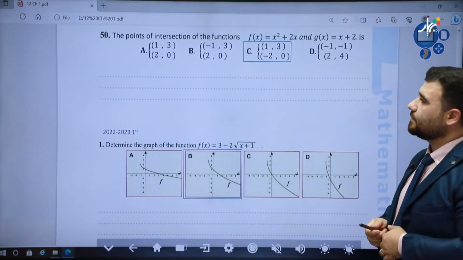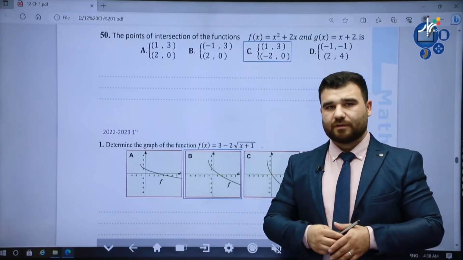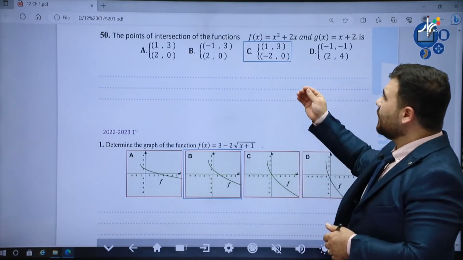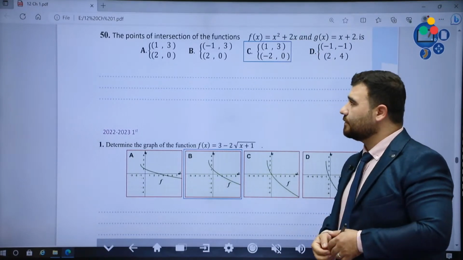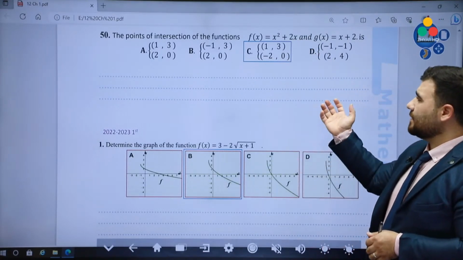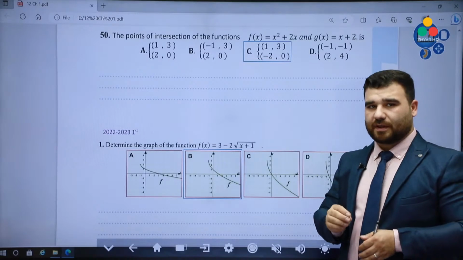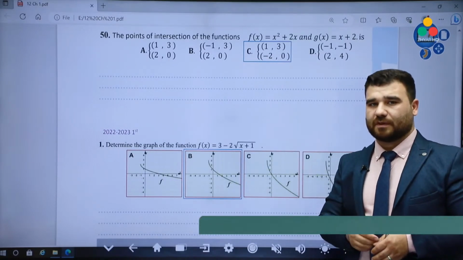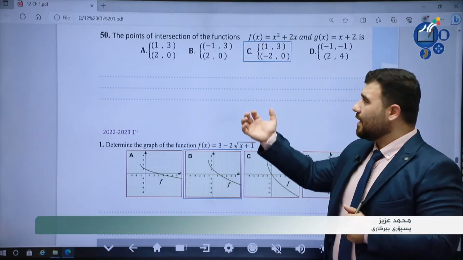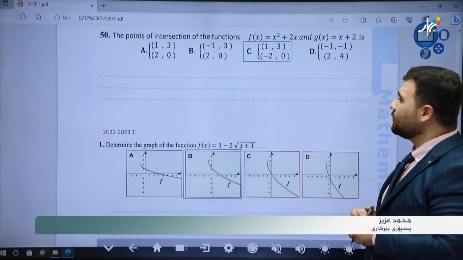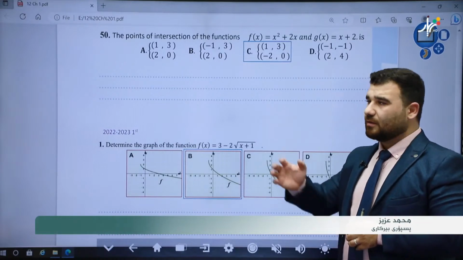Another good question is the points of intersection of F and G. We can test the points. The correct point of intersection makes F and G equal. This time I'm not going to solve, I'm going to use a fast way.